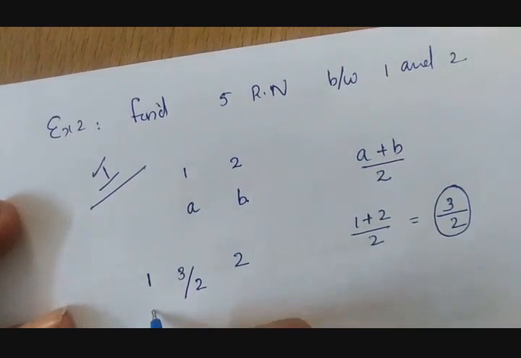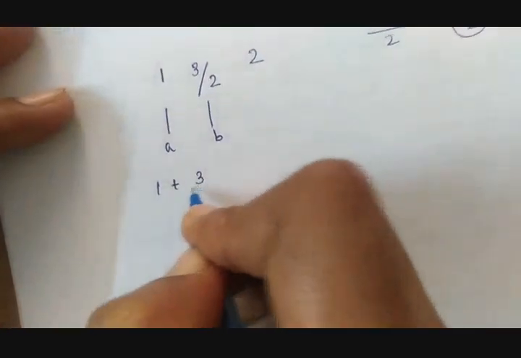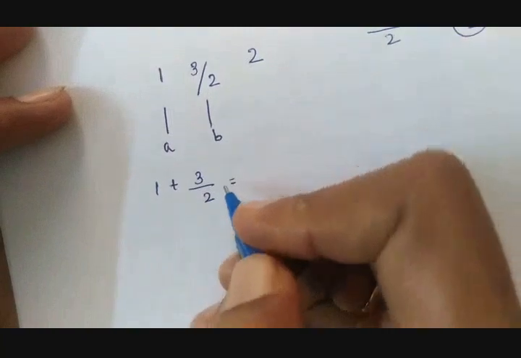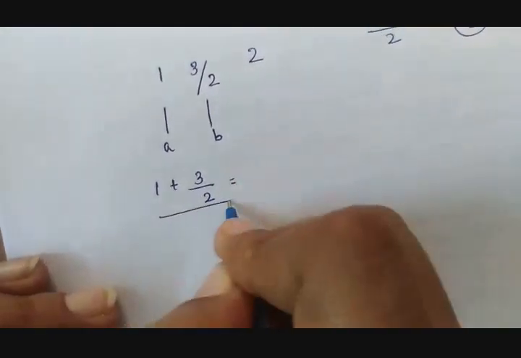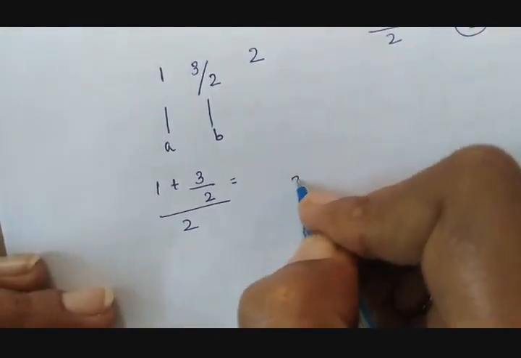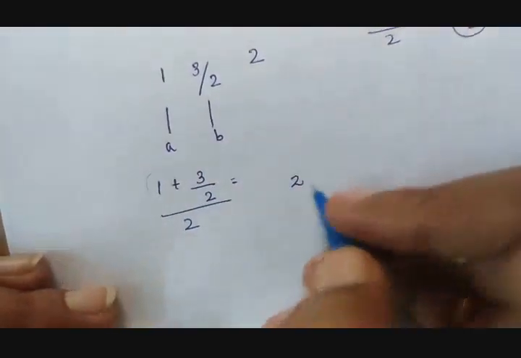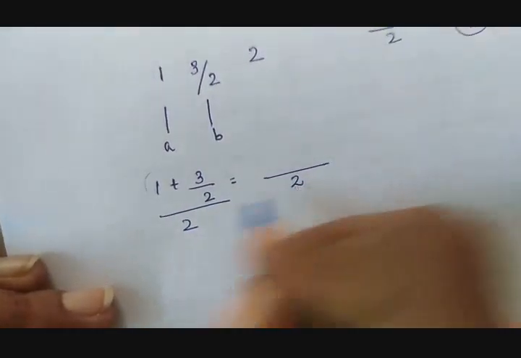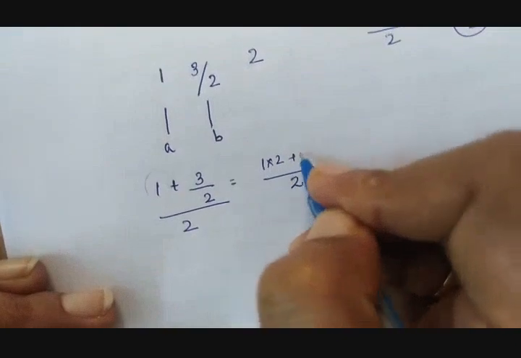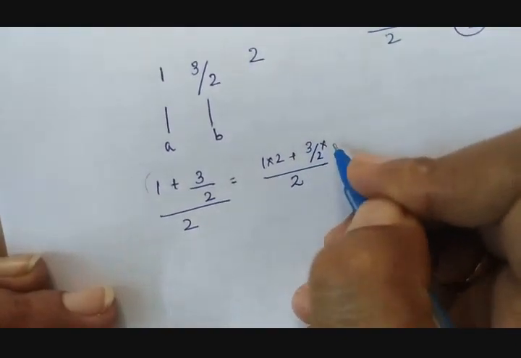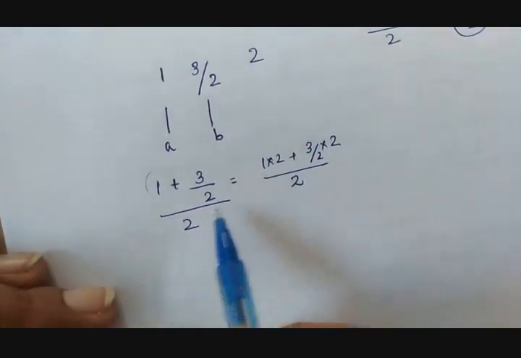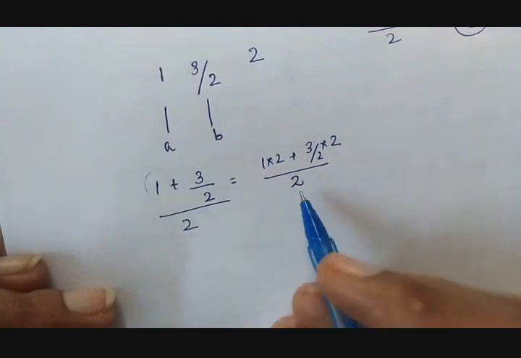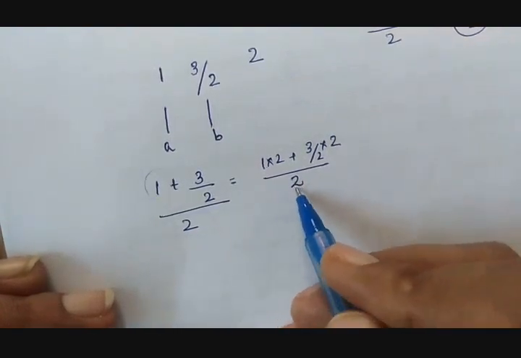Next we take this as A and this as B. So 1 plus 3 by 2, the whole divided by 2. You have to take the LCM in the numerator: 1 into 2 plus 3 by 2 into 2. Take 2 as LCM, so the denominator becomes 2.